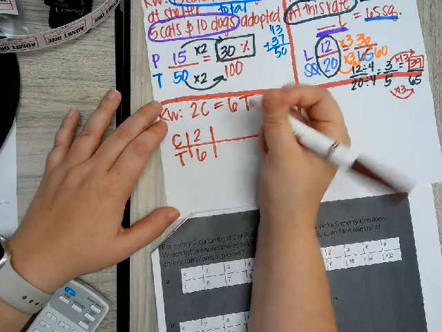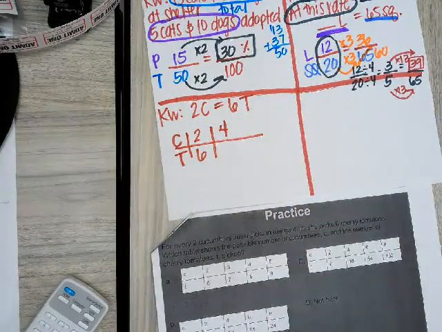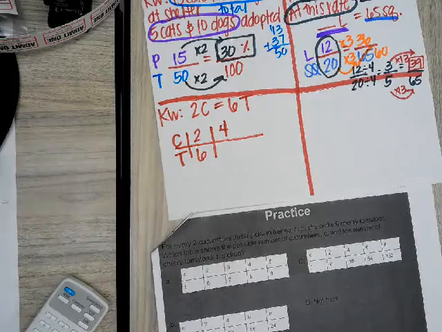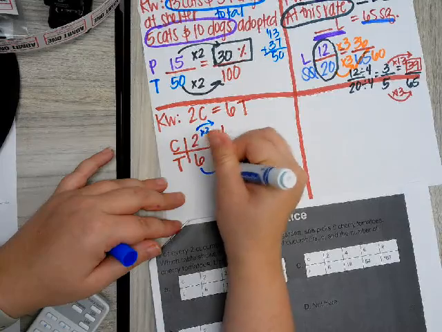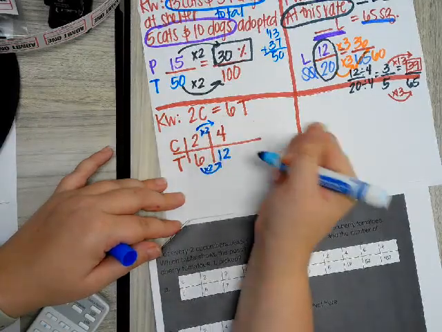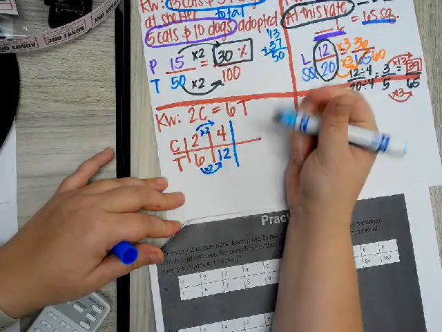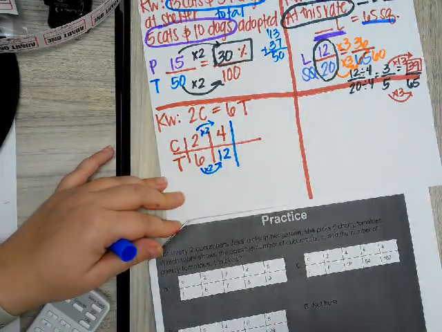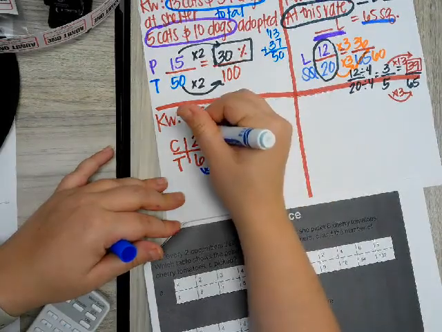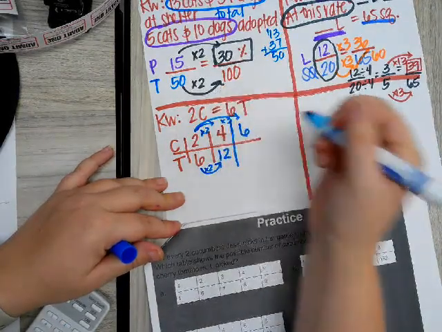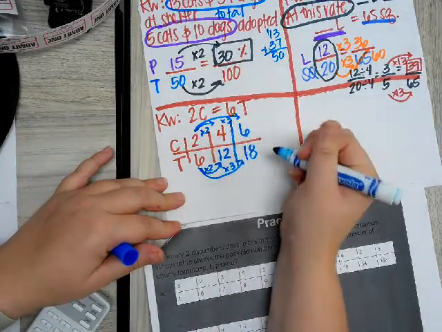Well, what if I had 4 cucumbers? I would have 12 tomatoes. What if I had 6 cucumbers? I would have 18 tomatoes.